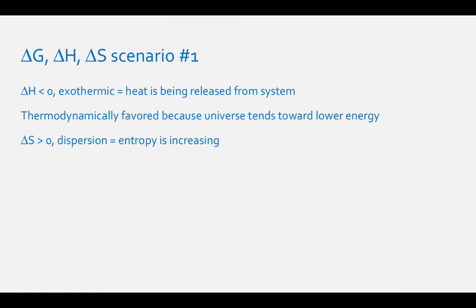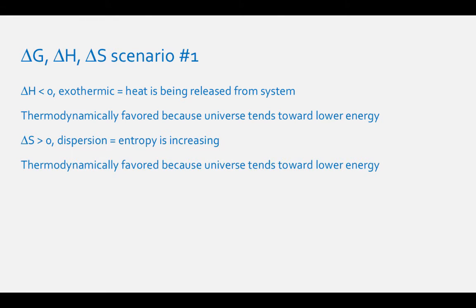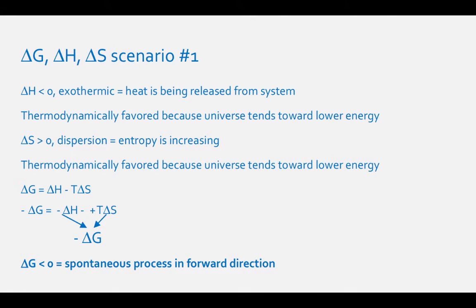Again, this is thermodynamically favored. So let's plug both of these signs into our delta G equals delta H minus T delta S equation. A negative delta H will make the delta G negative, and if we subtract something positive from a negative number, we will have an even bigger negative number. So a negative delta G indicates a spontaneous reaction in the forward reaction.